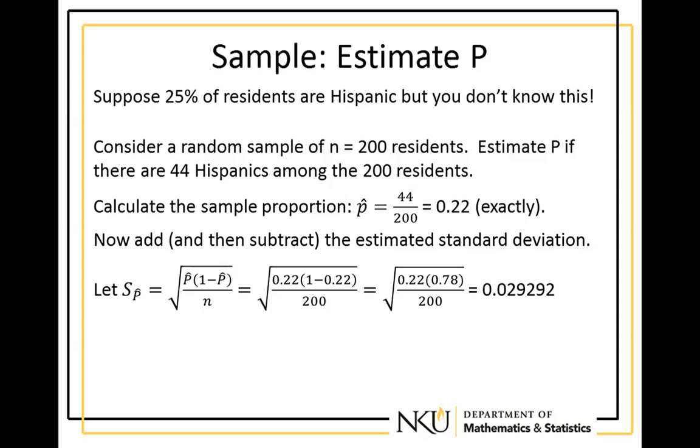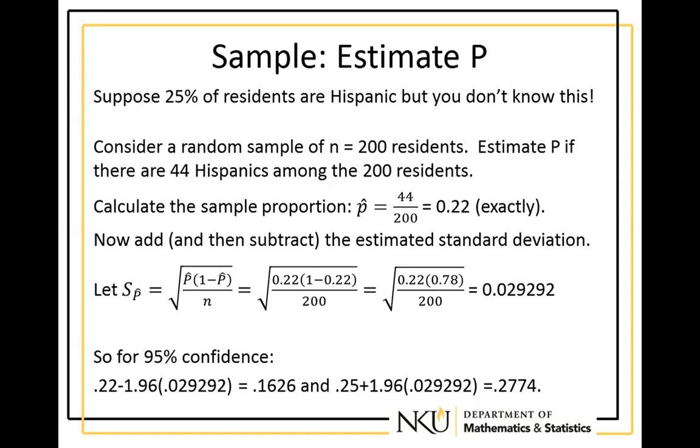In this case, that is the square root of 0.22 times 1 minus 0.22, which is 0.78, divided by the sample size of 200. That turns out to be 0.029292.